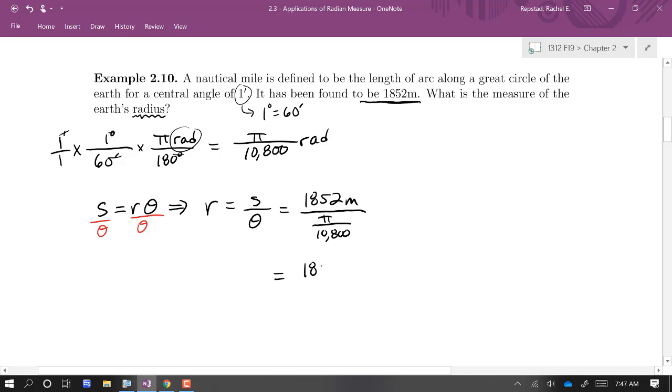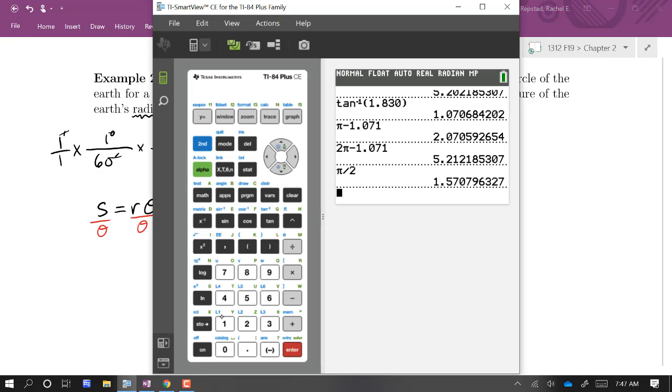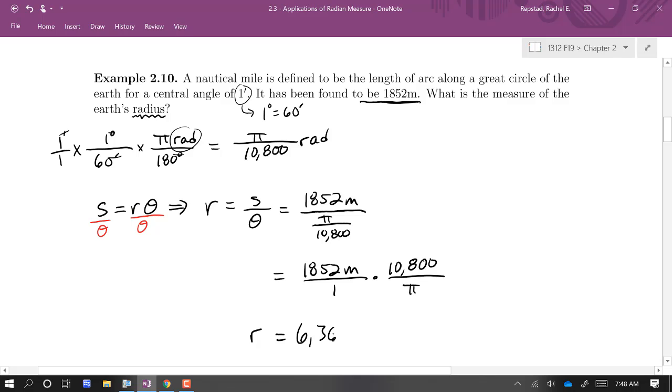So we have 1,852 meters times 10,800 over pi. We get, let's see, 6,366,707 meters.